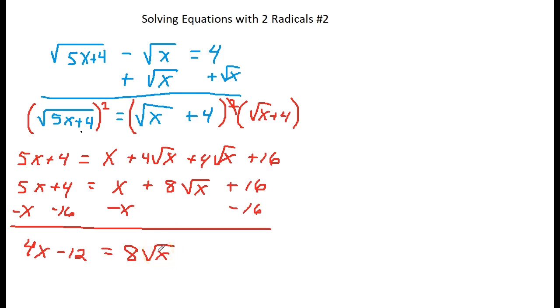Now, if I were to divide by 8, I'm going to end up with some nasty fractions. So instead of messing with nasty fractions, I'm just going to square it with the 8 on the other side. Okay, keeping the 8 on the right side. So let me get another color here. All right. We're going to square both sides.